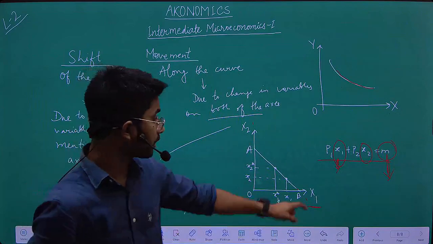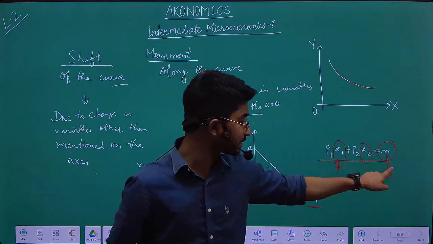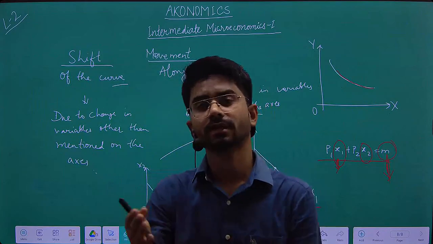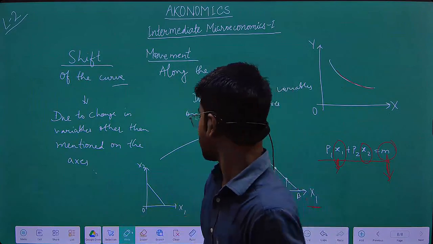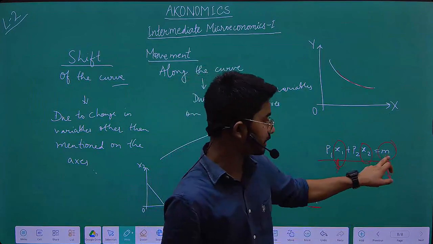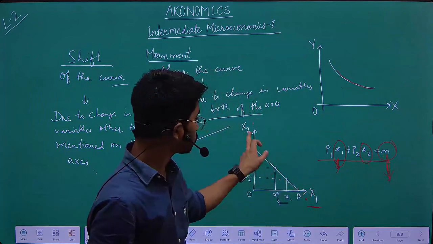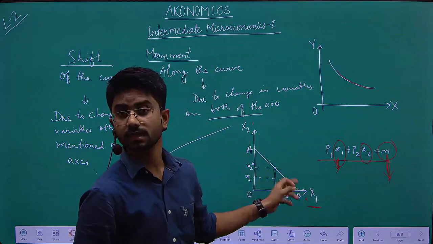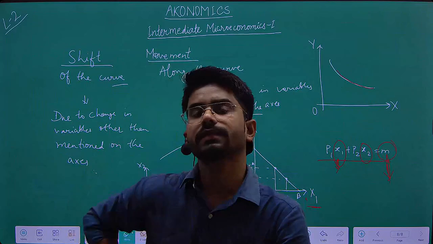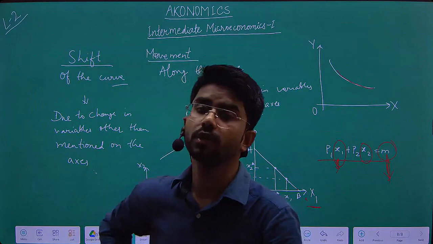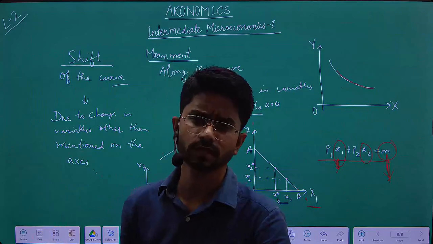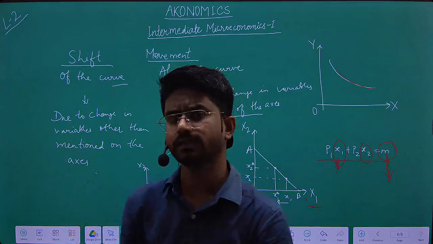So the change in M will always give the shift in the budget line, and that shift will depend on the effect of this change on the two variables defined on the axis. Now suppose your income rises, in that case you can consume more of both the goods, or more of either of the goods. These are the scenarios.